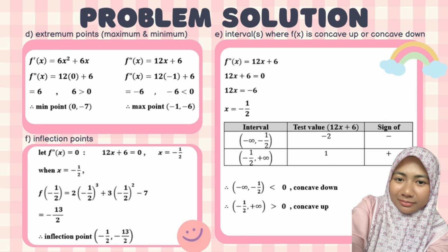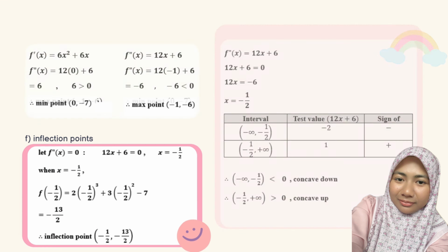The sign of the value is negative. The second row is negative half to positive infinity. The test value is 1. The sign of the answer is positive, as the sign of the answer for negative infinity to negative half is negative. It is less than 0. This means negative infinity to negative half is concave down. For negative half to positive infinity, it is more than 0. Thus, it is concave up.